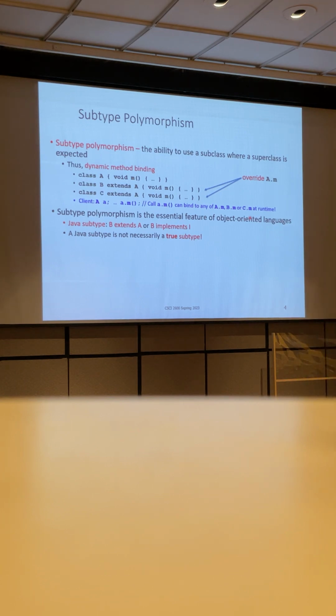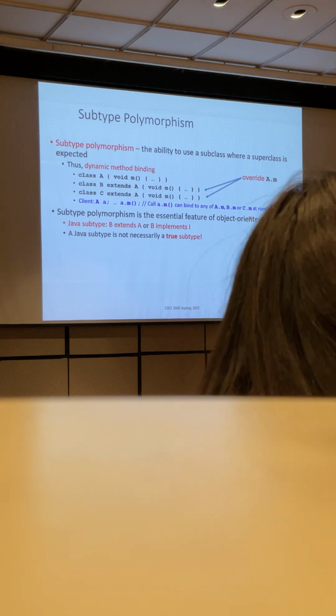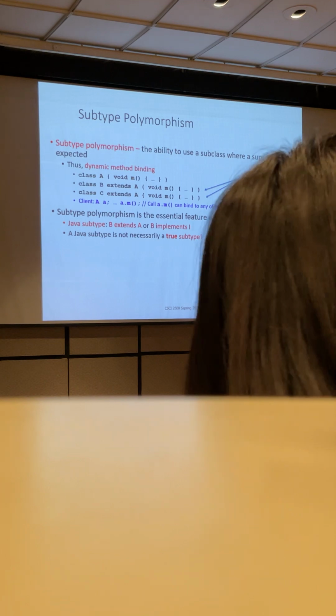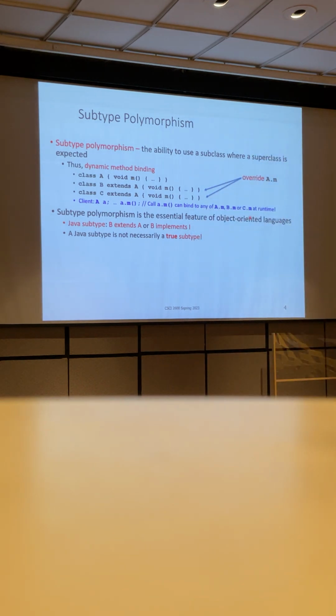Polymorphism is essential because it is extremely helpful when you're trying to reuse code, when you're trying to write code that can be used with a variety of objects, right? I want my code to work with cats and dogs and frogs and all the animals, right? So this is generalization.